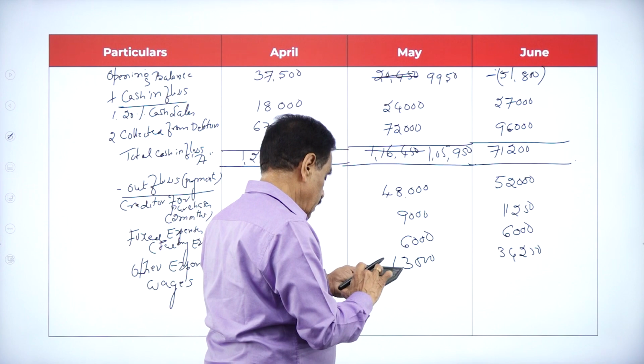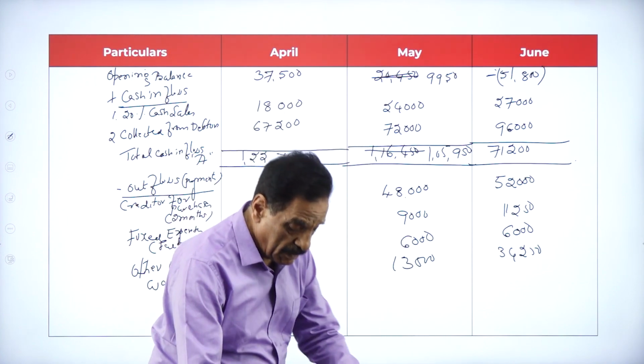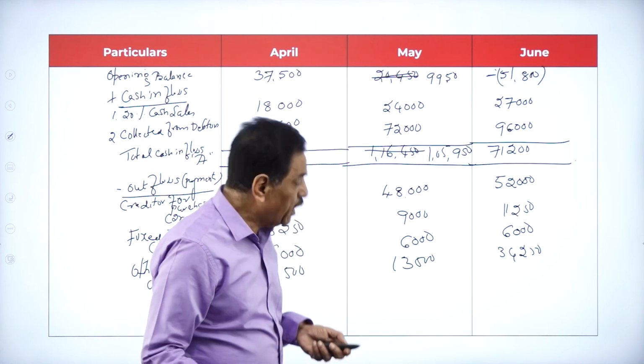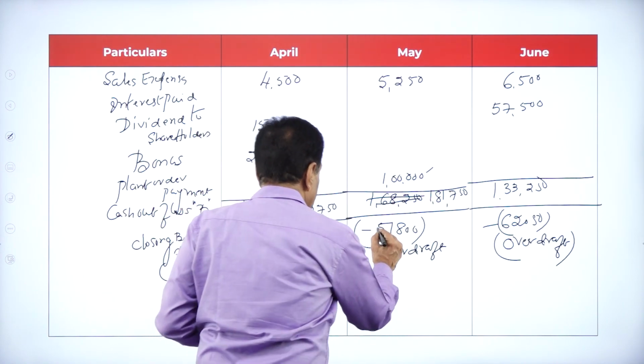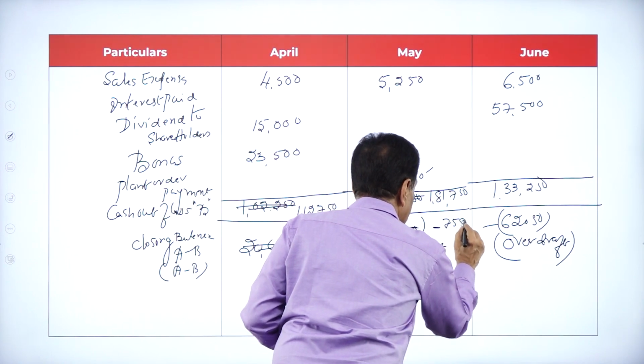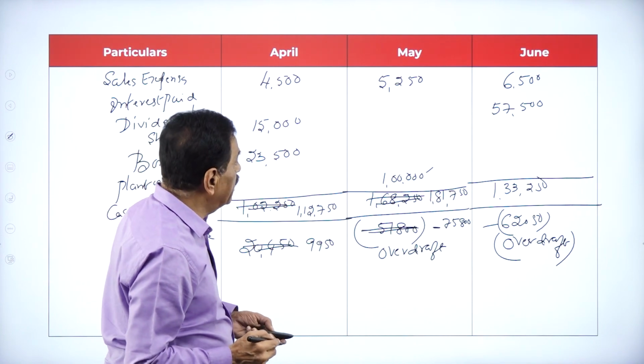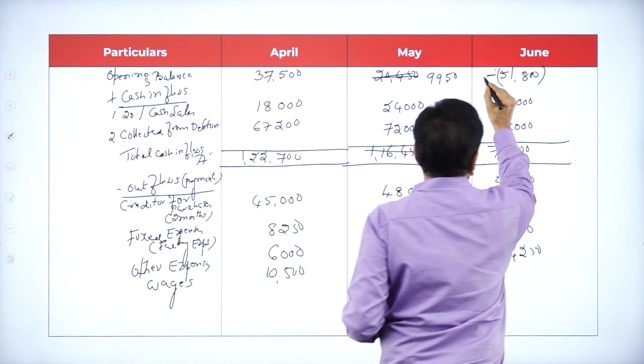1,05,950 minus 1,81,750 is minus 75,800. Heavy payment. 75,800. Come back here.